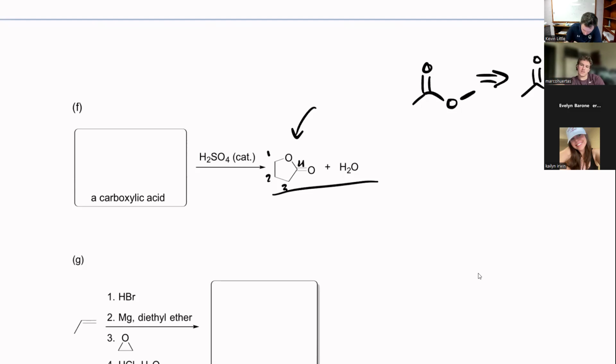So this was my carboxylic acid. Let's see, 1, 2, 3, 4.